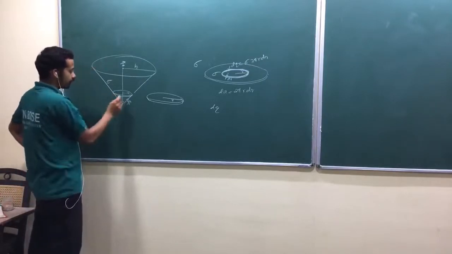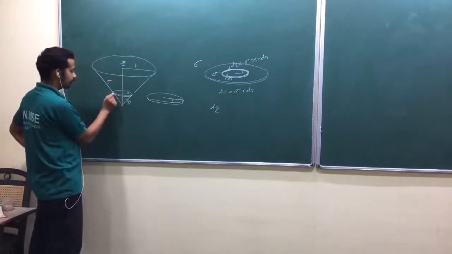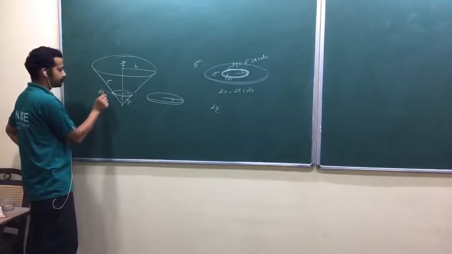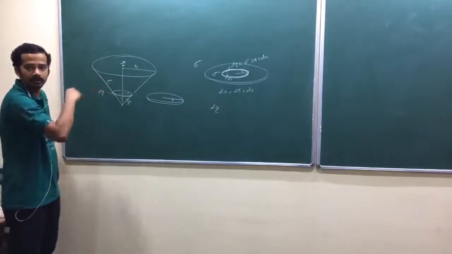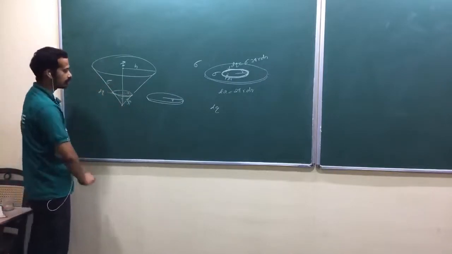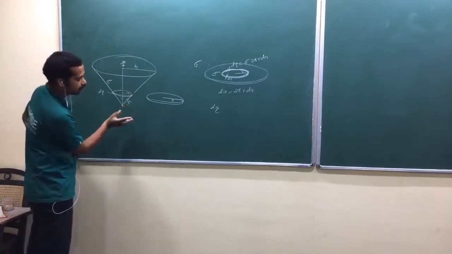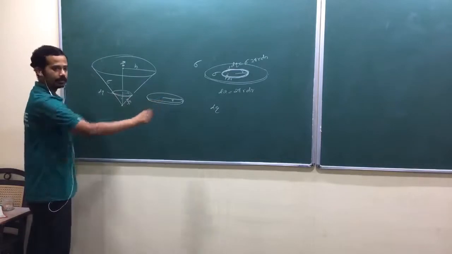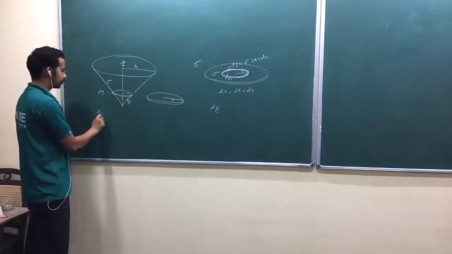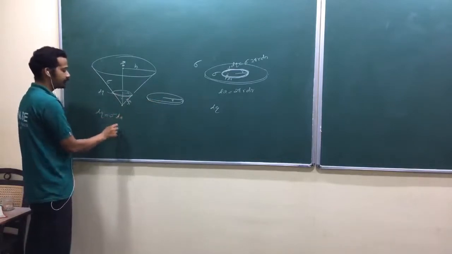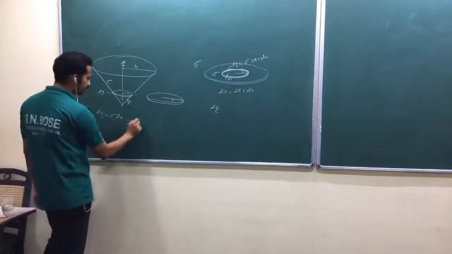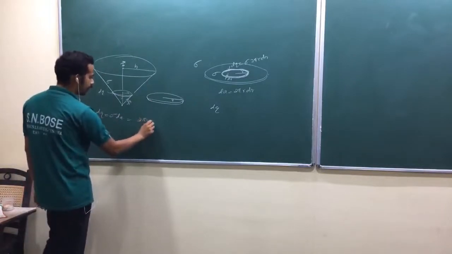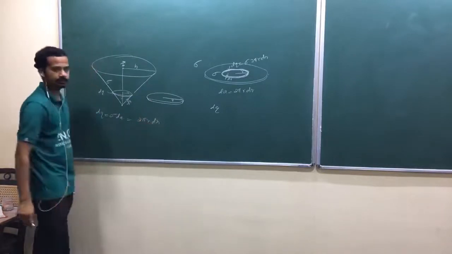Now look at here, how do you write the surface? I need to find the charge due to this ring, dq. Imagine the ring like this, because a ring will take part of the surface area like this. So dq is equal to sigma into dA, the elementary area of the ring. How do you write it? 2 pi r into d italic r.